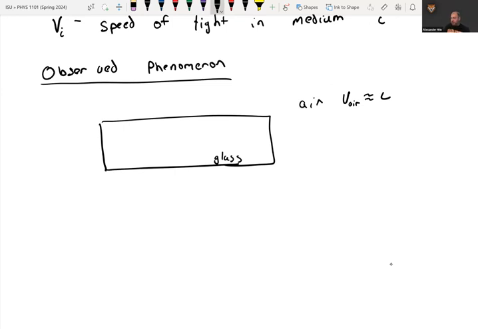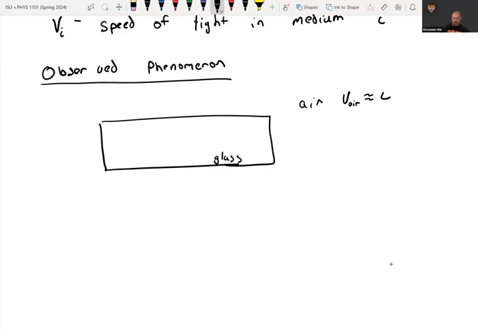Air doesn't interact with light much. The main way that air interacts with it is in something called Rayleigh and Mie scattering. That is actually why the sky is blue. It's a misconception that it's reflected light from the ocean. The sky is actually blue due to Rayleigh and Mie scattering.